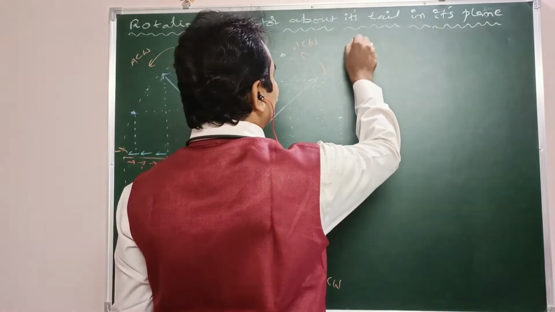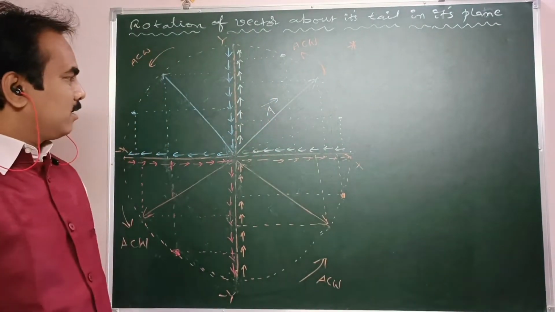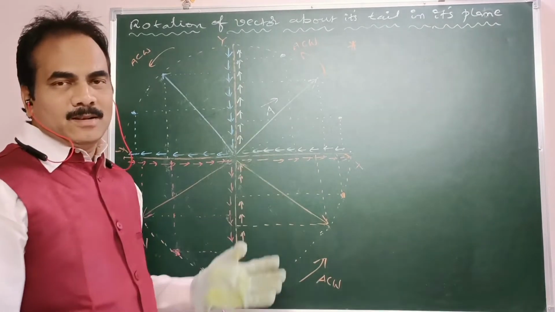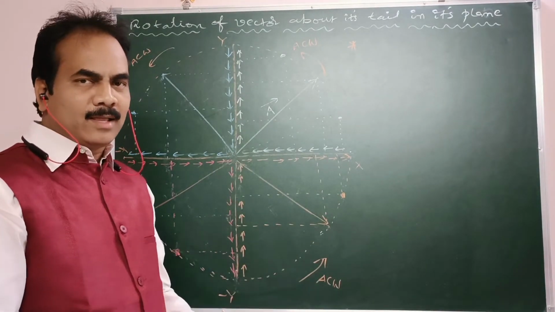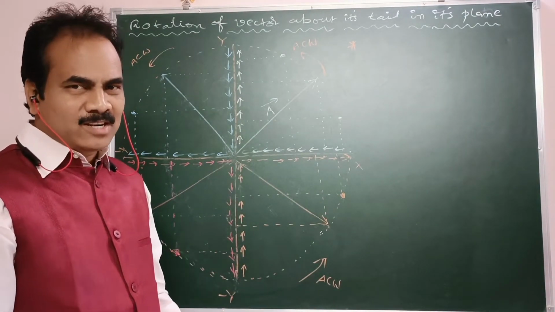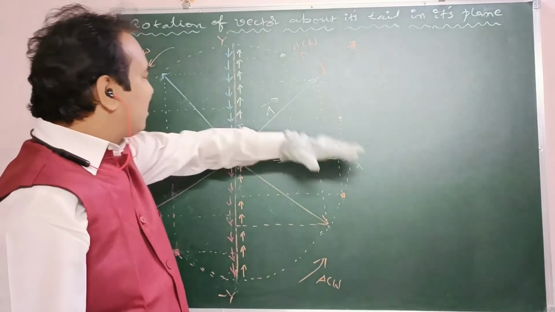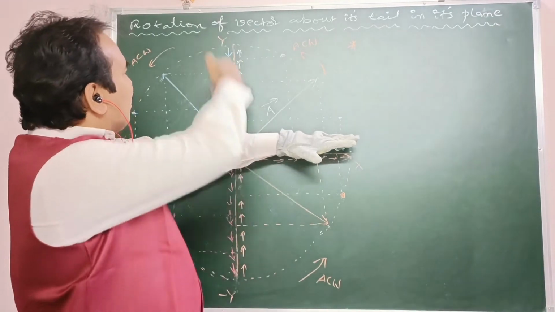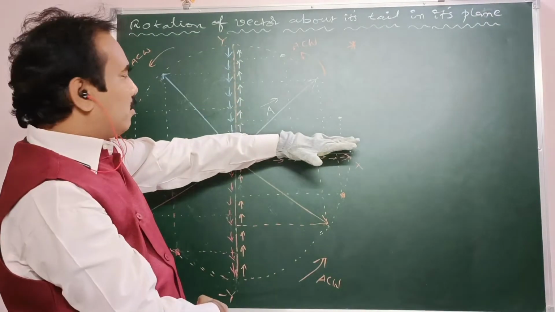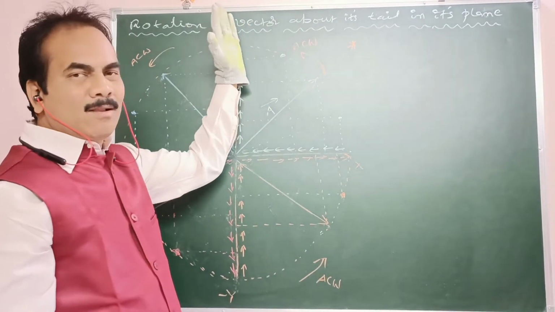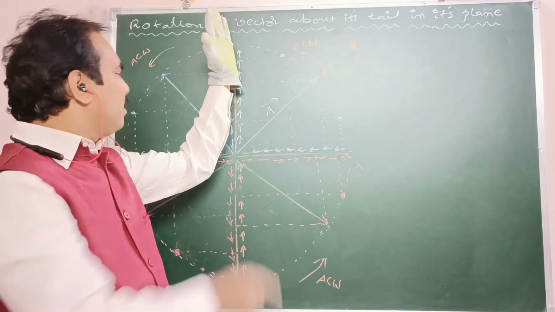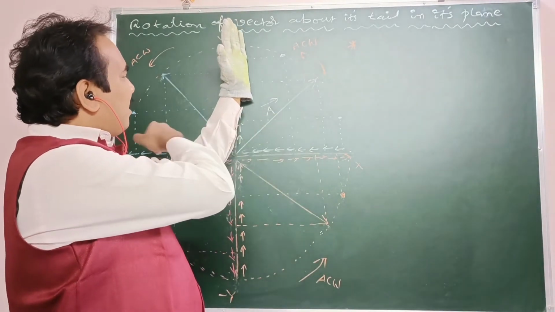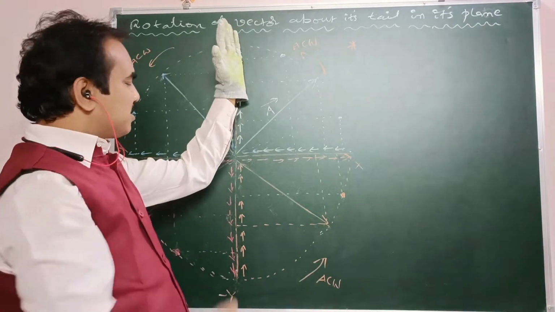What are the inferences here? First point. In a direction perpendicular to any vector, what about components? 0. If a vector is pointing in the positive x direction, components along the positive or negative y direction become 0. A vector pointing along the positive y direction, its components along the positive x direction or negative x direction become 0.